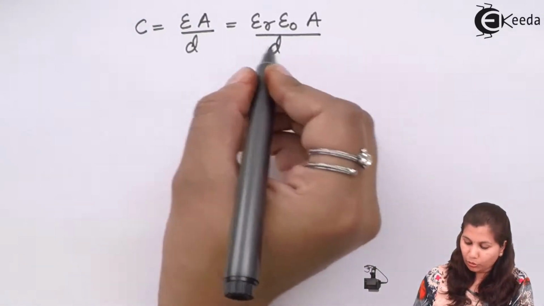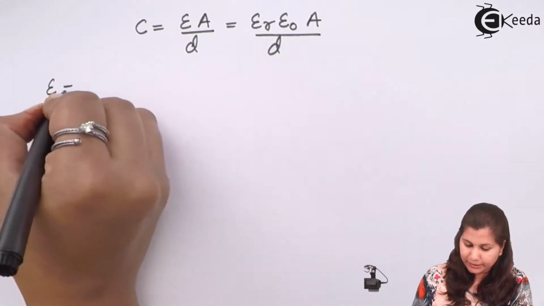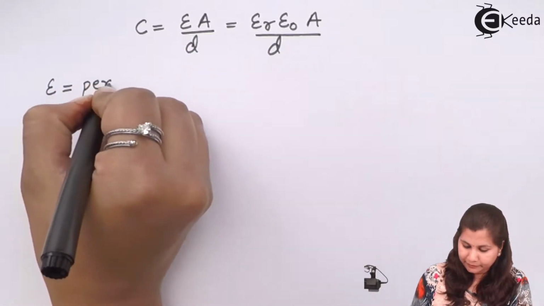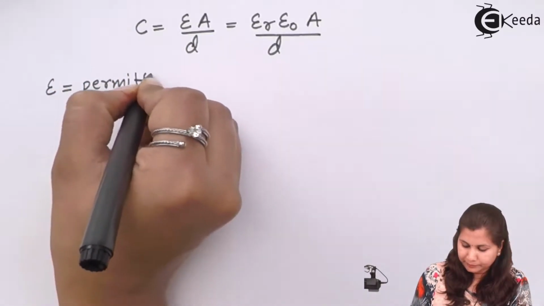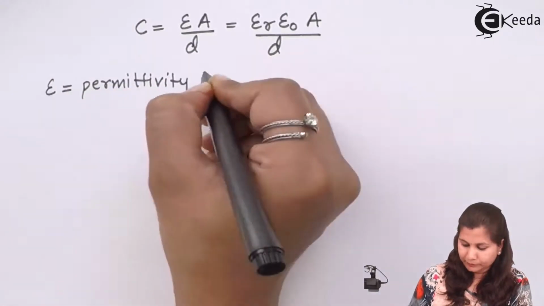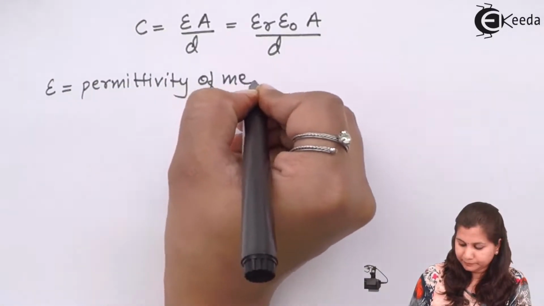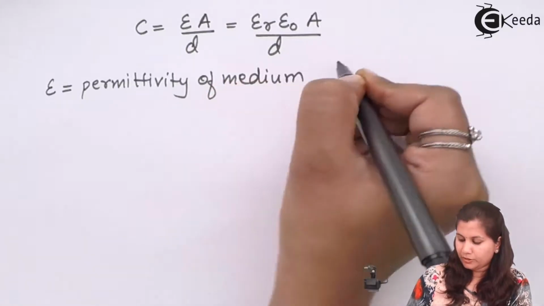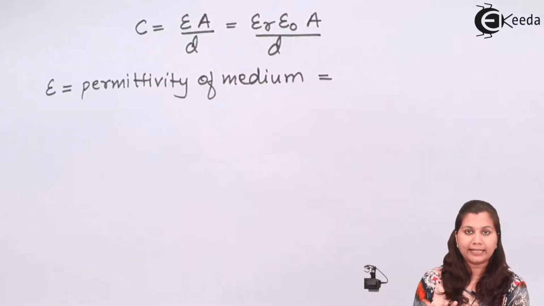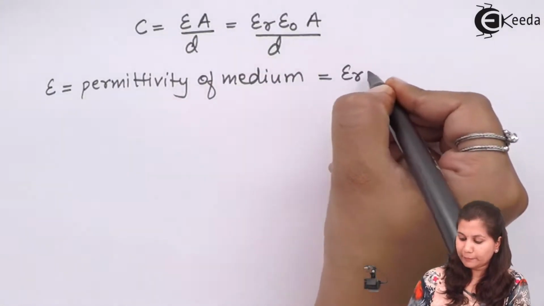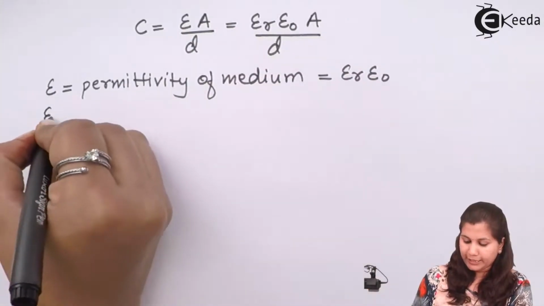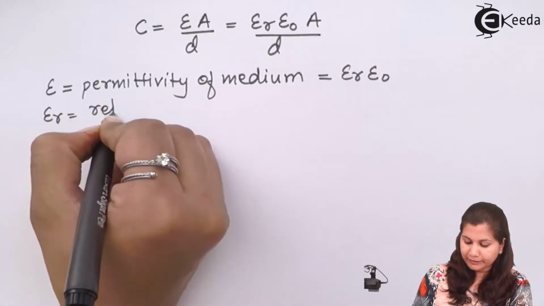So if we see all these parameters, epsilon is the permittivity of the medium. Medium means the dielectric medium which is used between the two plates. So it is equal to epsilon R epsilon naught. Epsilon R is the relative permittivity.